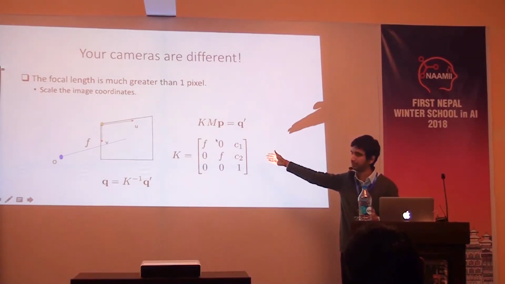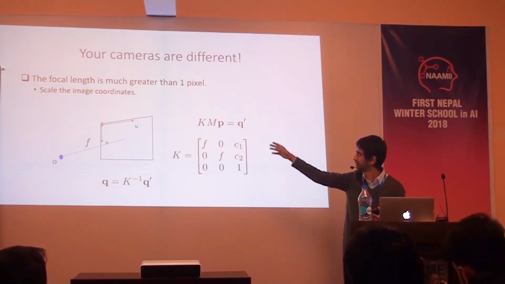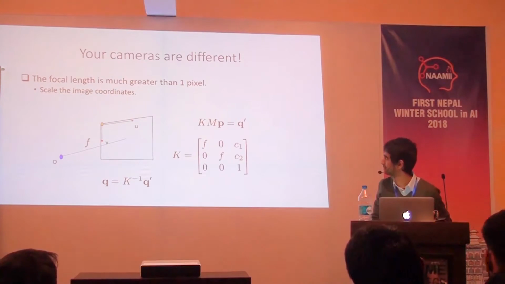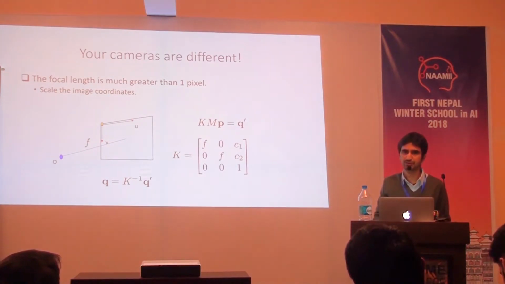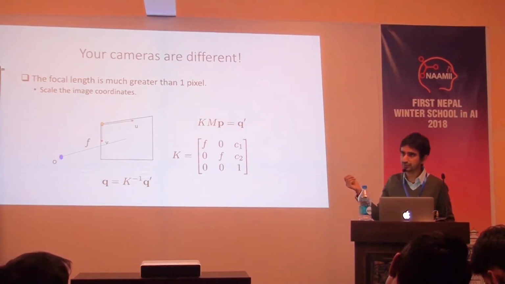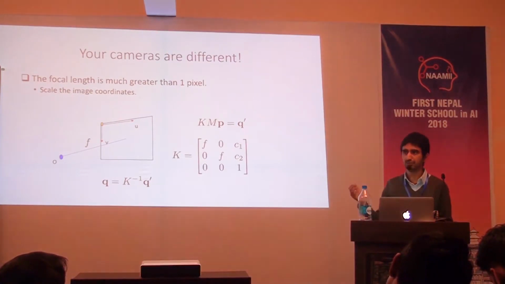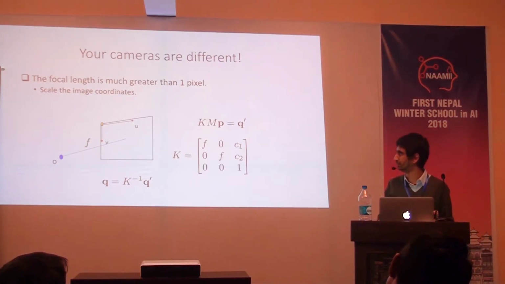At the same time, you also have to add this shifting coordinate system. And then the new equation becomes K times M P equals Q prime, where Q prime is your new measured pixel locations, so new coordinate system. And this is the model we use for real cameras, like your smartphones, your laptop cameras or whatever, to compute or to analyze projections.